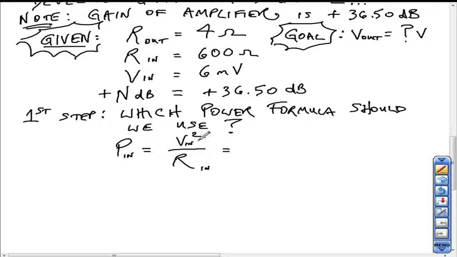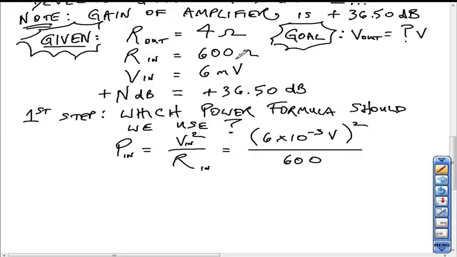So power in is Vn squared divided by Rn. That's going to be 6, and of course milli, that's times 10 to the negative, what? 3, very good. Volts, don't forget, the whole thing needs to be squared, because Vn is 6 millivolts. So 6 times 10 to the negative 3 volts squared divided by Rn, that's given to you as straight up pure ohms. So you have pure volts squared divided by pure ohms.